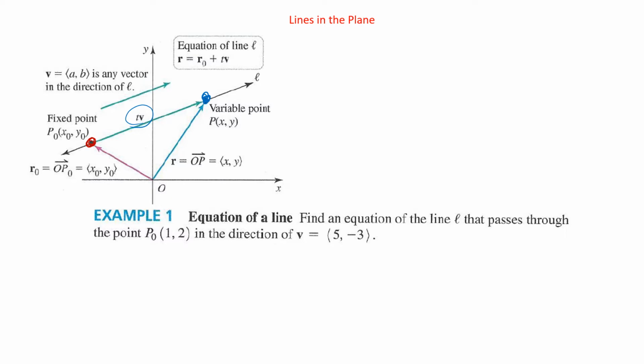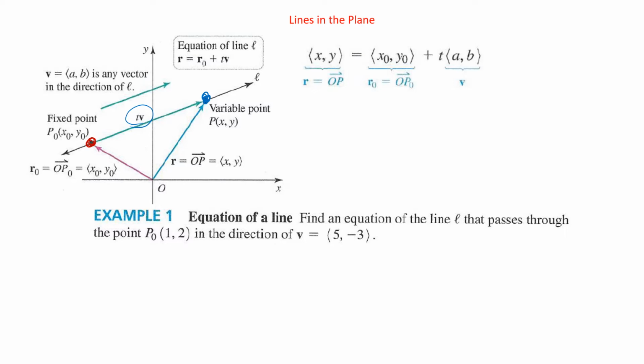And so how could we write an equation for this? One way we could write an equation for this is using our vector xy. It's going to equal the initial point plus t times the direction vector. So we have our initial point.